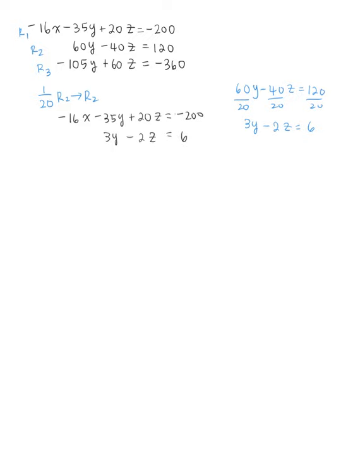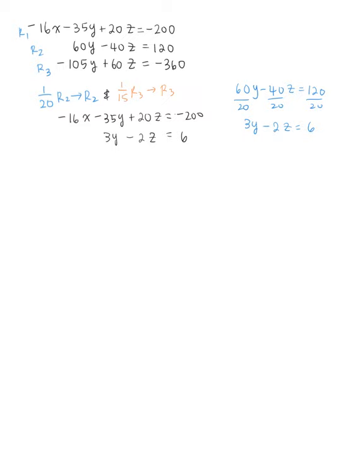And then can I not simplify row 3 as well? I think we can. So 15 should go into 105, 60, and 360, right? So what I'm going to do is this. Let's just do 2 operations at once. So here I'm going to write it as 1 over 15 times row 3, and write the result in row 3. That's the same thing as dividing each term by 15.